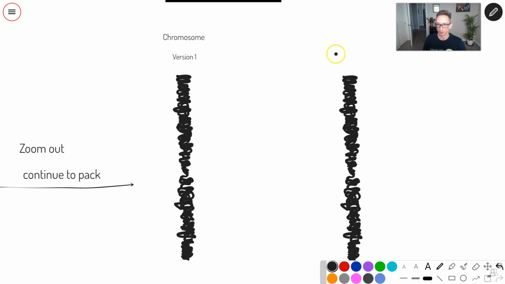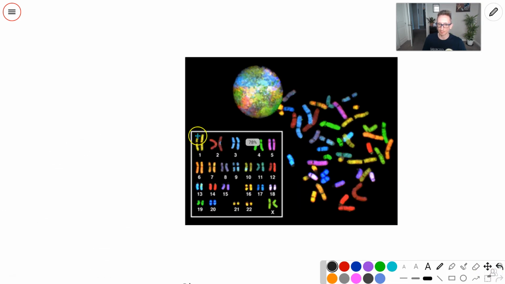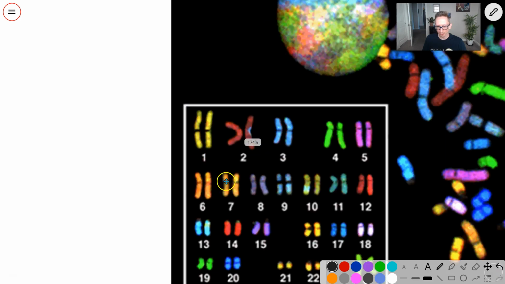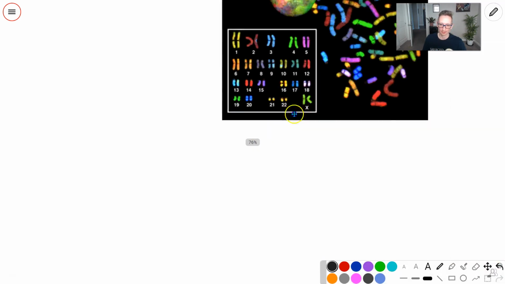And this would be version 2. Okay, so that would be right exactly what we're looking at. And you see these also have this little midpoint right here. That's called the centromere.